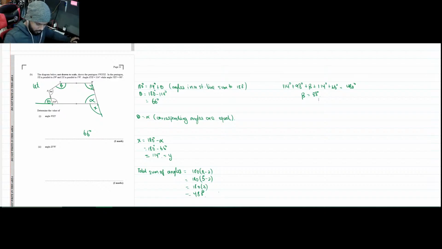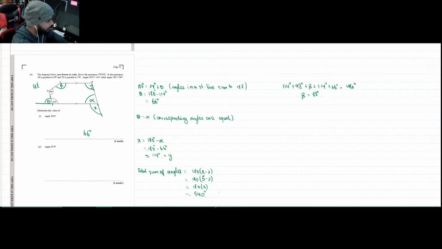Let me just double check that again. I don't think I made a mistake. Let me check it on my calculator here. 114 plus 98 plus 114 plus 66, take away... 180 by 3, oh, that is 540, not 480.